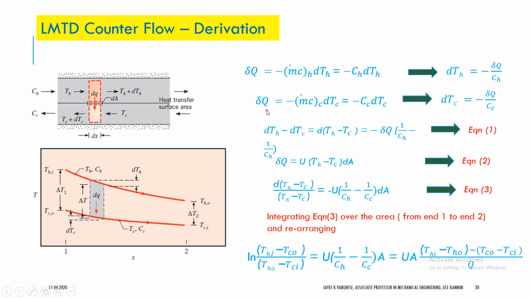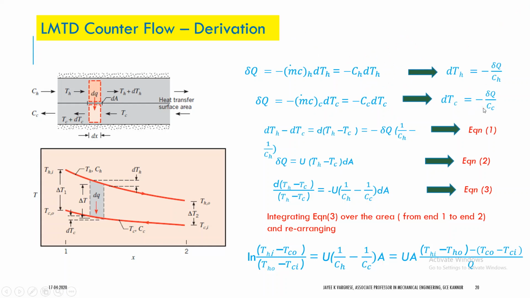So delta q is equal to minus m dot c cc into dtc, which is equal to minus cc dtc, or dtc is equal to negative delta q divided by cc. While deriving this, you should take care to incorporate this negative sign for the cold fluid, because its flow direction is in the negative direction. So that's why we needed to use a negative sign here also.